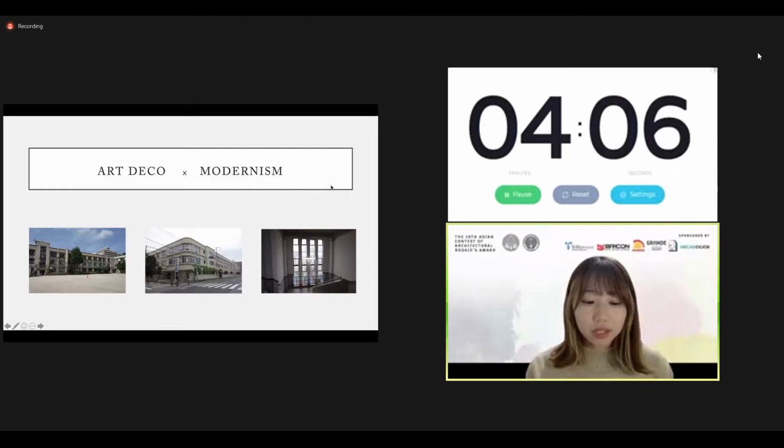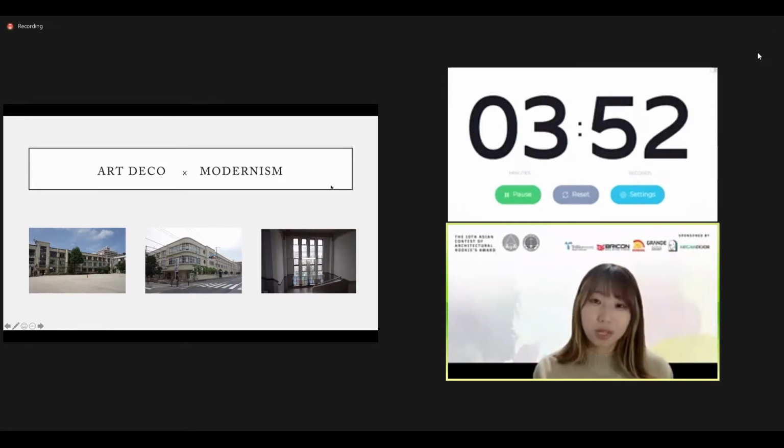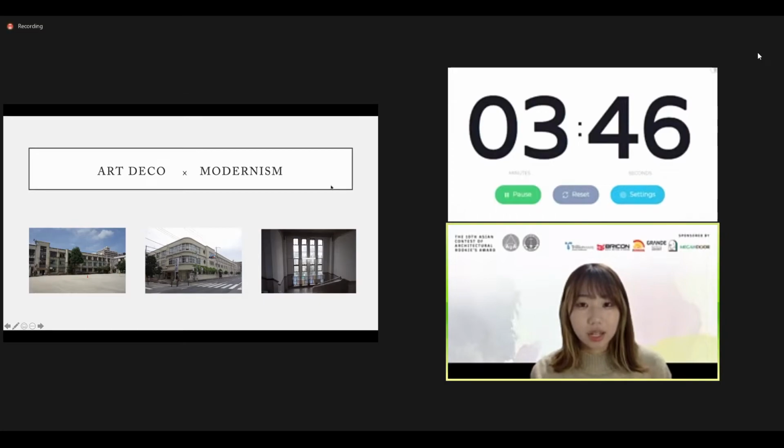It has a unique design that is a mixture of Art Deco and modernism. I think this original outer wall is especially worth saving, so I propose to install the passage into the media center in order to give people an opportunity to see this historic outer wall while they go through the passage.